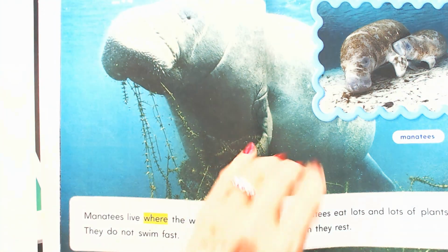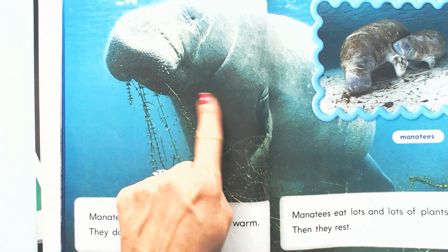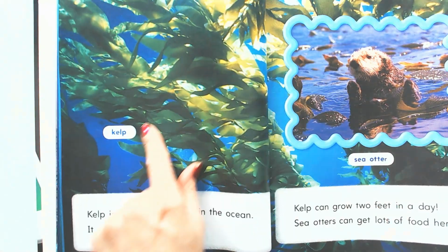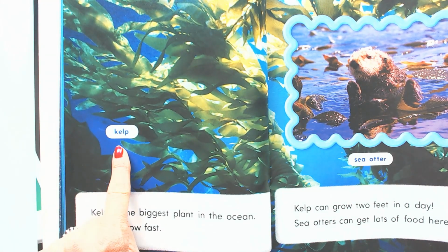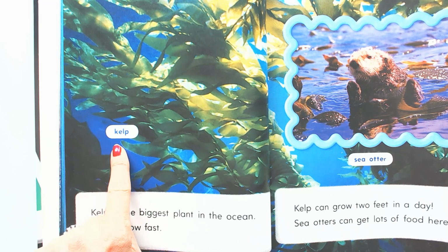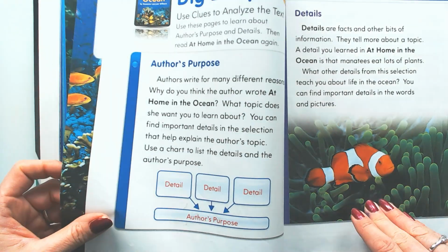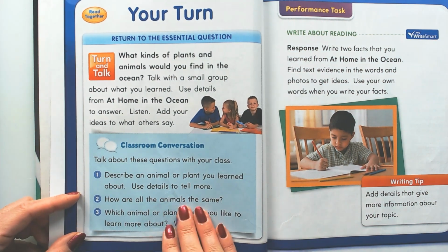You could say, manatees live where the water is warm and they do not swim fast. But what about kelp? That's a plant. What could you say about kelp? Could you say that it's the biggest plant in the ocean and can grow 2 feet a day? Anyway, we can have lots of examples of plants and animals, and you could help describe them with details.